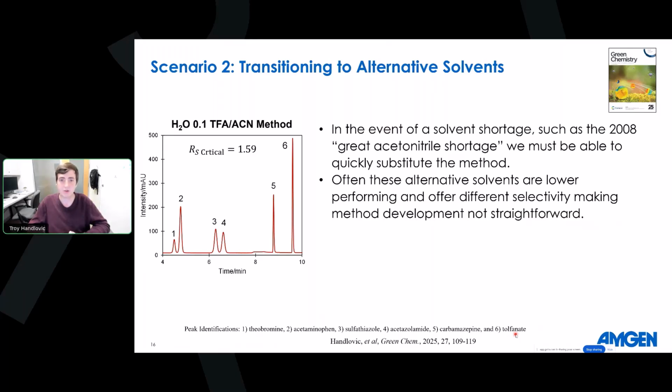And as a high throughput lab, we need to be able to quickly substitute our solvents in these cases to keep delivering information. And often when we move from traditional solvents such as acetonitrile to greener solvents such as alcohols or carbonates, we find that these greener solvents are lower performing, and that's because there's a reason that we were using the traditional solvents in the first place.